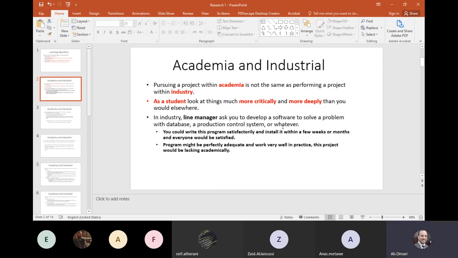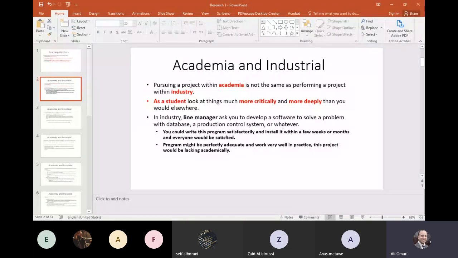And time constraint will be very important in this situation. But because the scope is very clear and the setting is in industry, you could meet this time constraint.